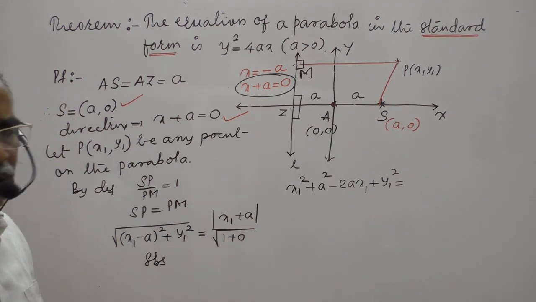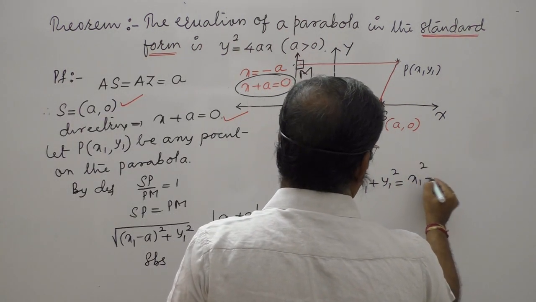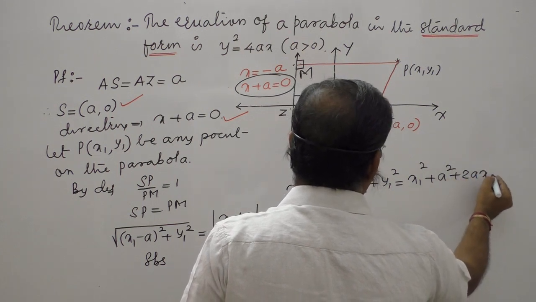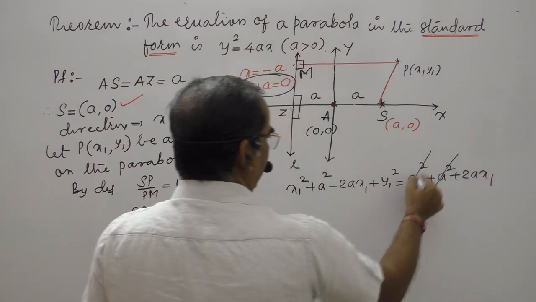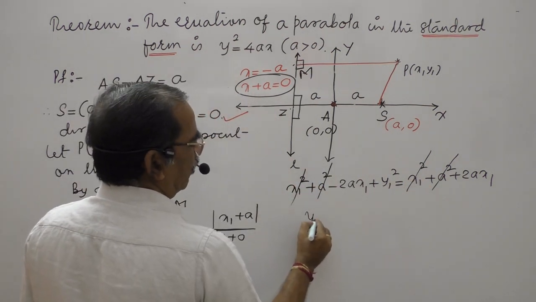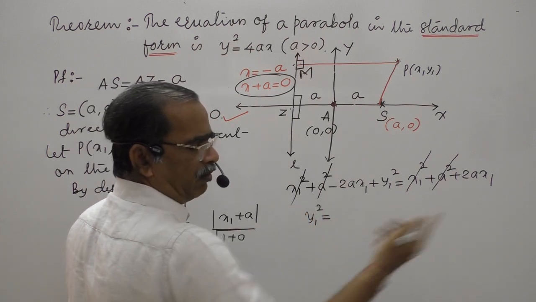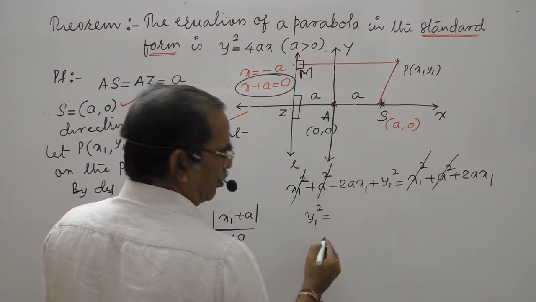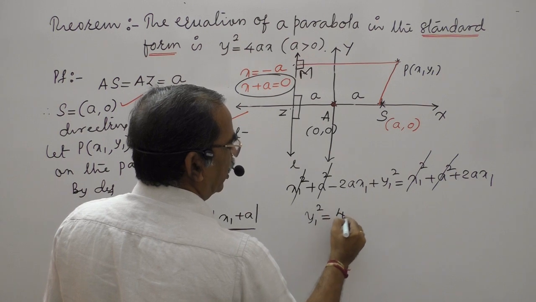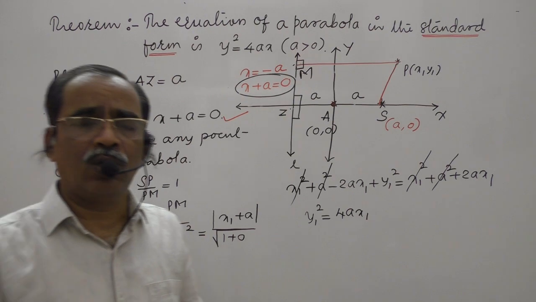If you square here, it will be (x1 plus a) whole square, which is x1 square plus a square plus 2a x1. I can cancel a square and x1 square on both sides. We have only y1 square on the left side, minus 2a x1. If I write it on the right side, that becomes plus. Already there is a 2a x1, therefore it becomes 4a x1. That's all. Simplification is over.